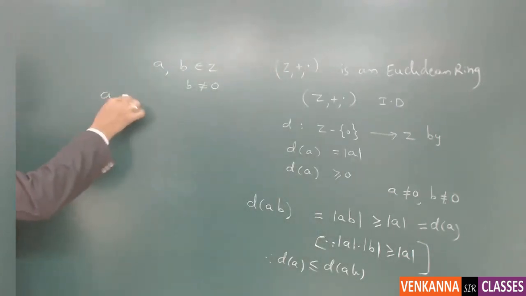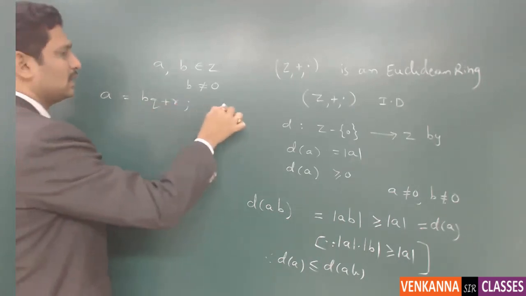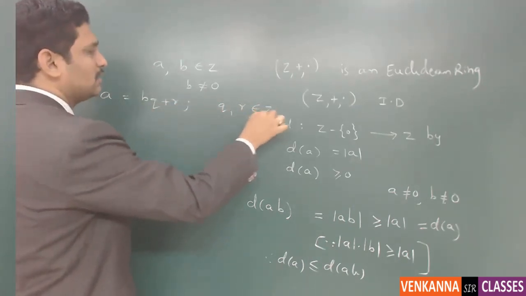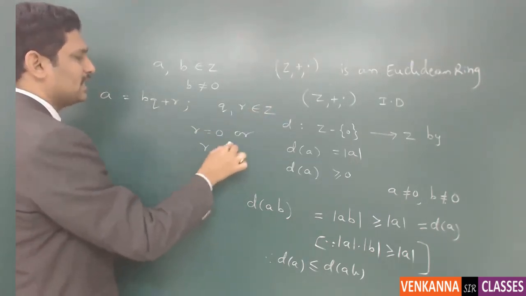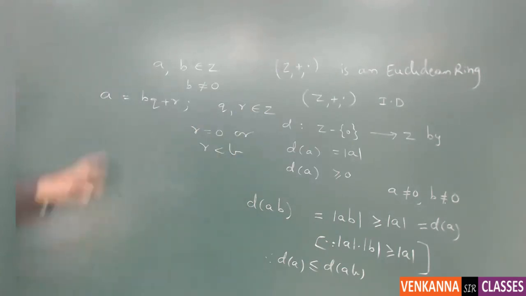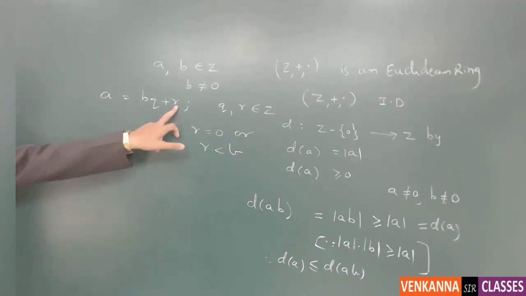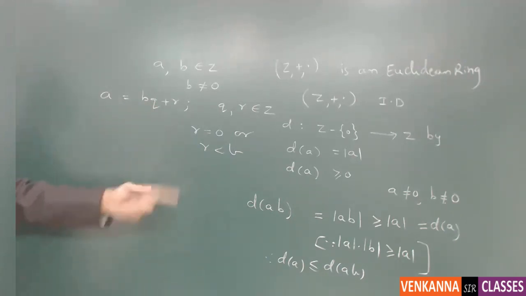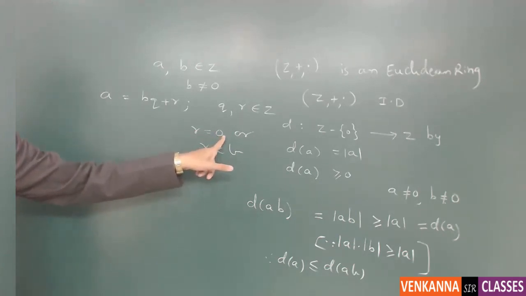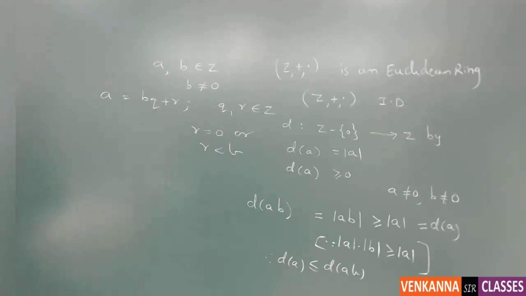So you can write a is equal to bq plus r, where q and r are nothing but integers. Either r is 0 or r is less than b. So here a is the dividend, b is the divisor, q is the quotient and r is the remainder. Since you are dividing a by b, the remainder is either equal to 0 or less than b. Accepted?